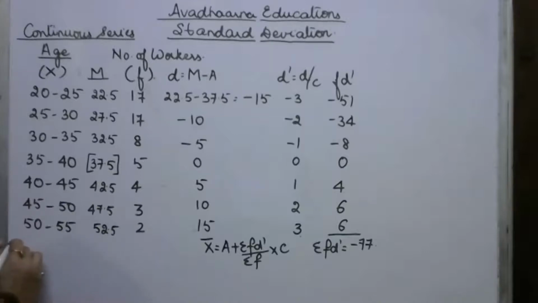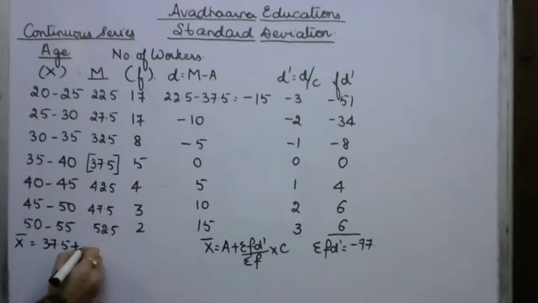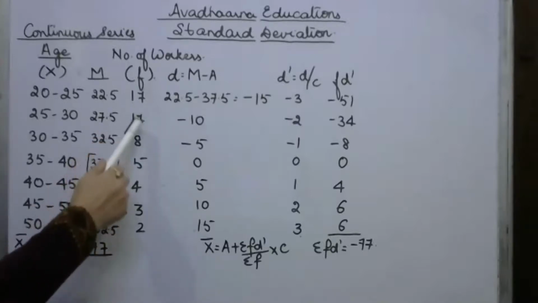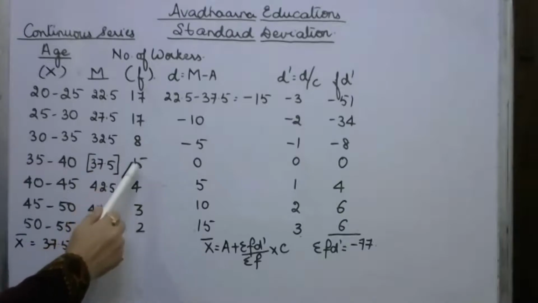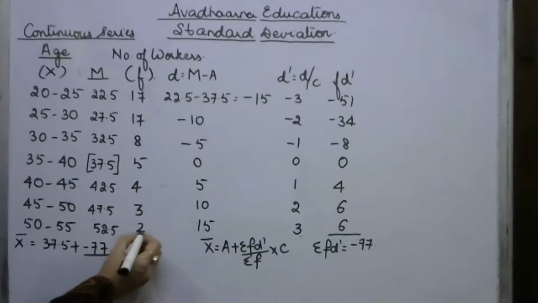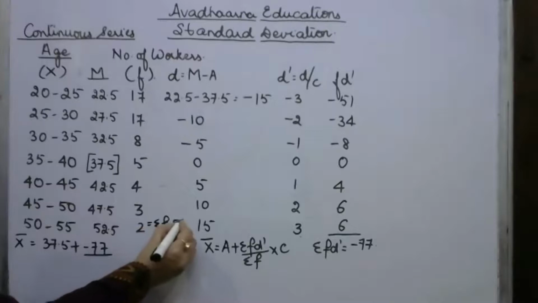Mean is given by 37.5 plus summation fd dash is minus 77 upon summation f, which is 17 plus 17 plus 8 plus 5 plus 4 plus 3 plus 2, and summation f is equal to 56.